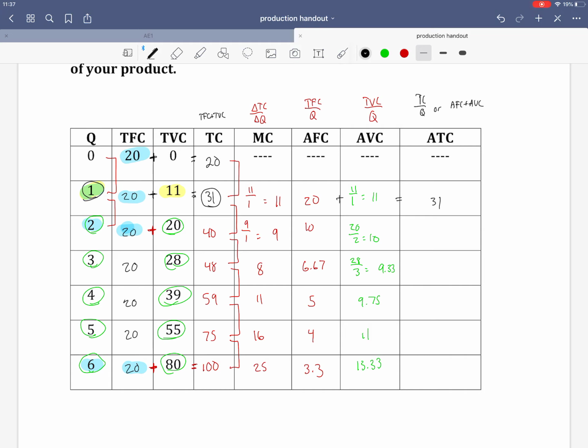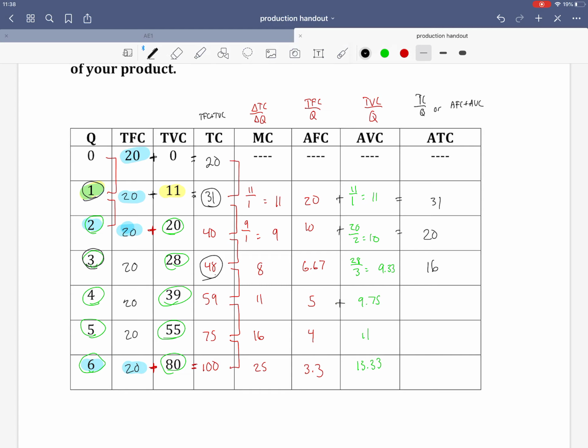Sometimes it's just easier to add your average fixed and your average variable. 10 plus 10 is going to give us 20. If we were to take 48 divided by 3, that will give us 16. Or if we took 9.33 plus 6.67, that will also give us 16.